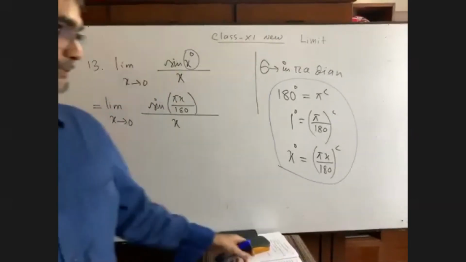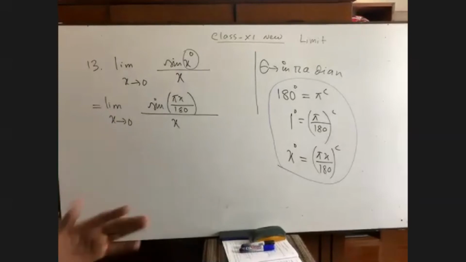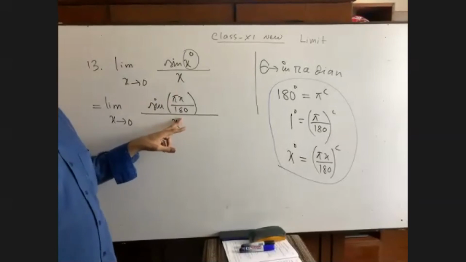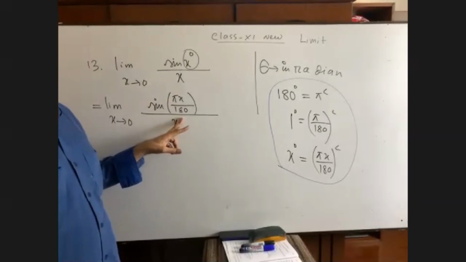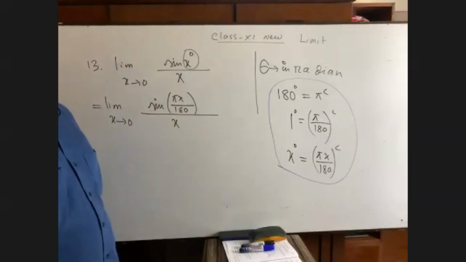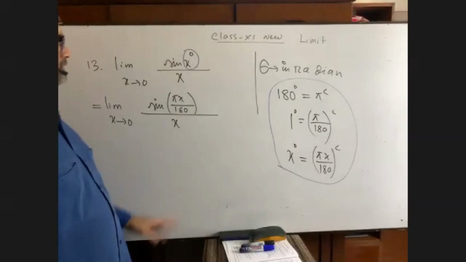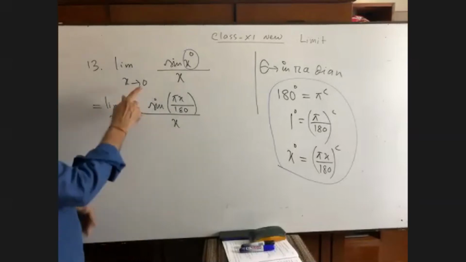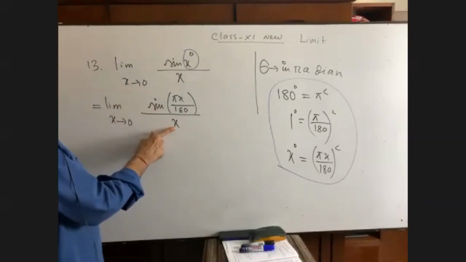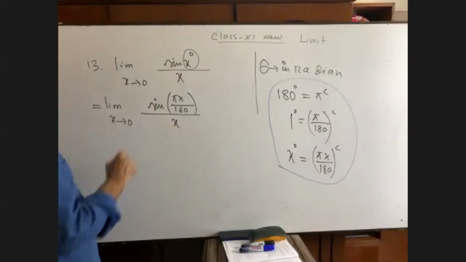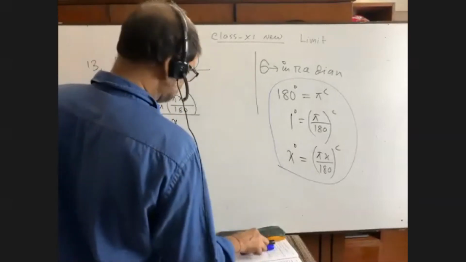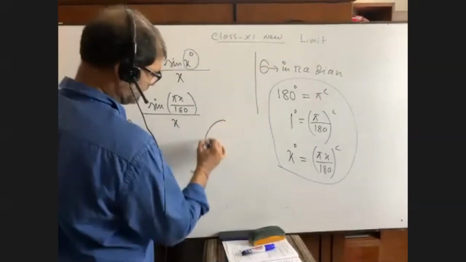I think you have got me. This x is in radians, no degree here. Are you getting me? Please talk to me. Yes, sir. Who is taking screenshots? Okay. So no degree is there. So x will be kept as it is. In class 9-10, you did a math like this. Can you please remember?